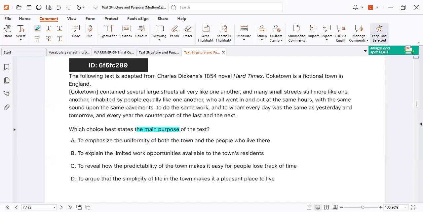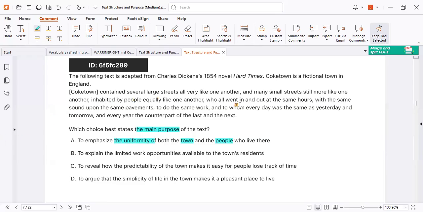Yes, I'm with you. Let's prove together why A correct. The uniformity of both and the people. And what means uniformity? They are similar. Uni means one. They are one.